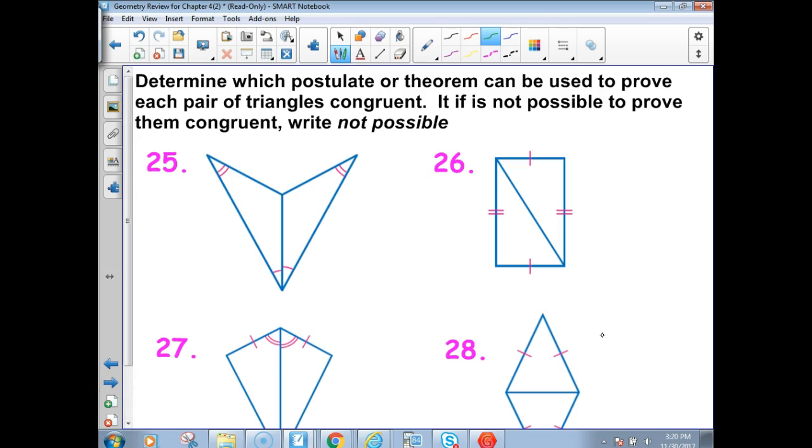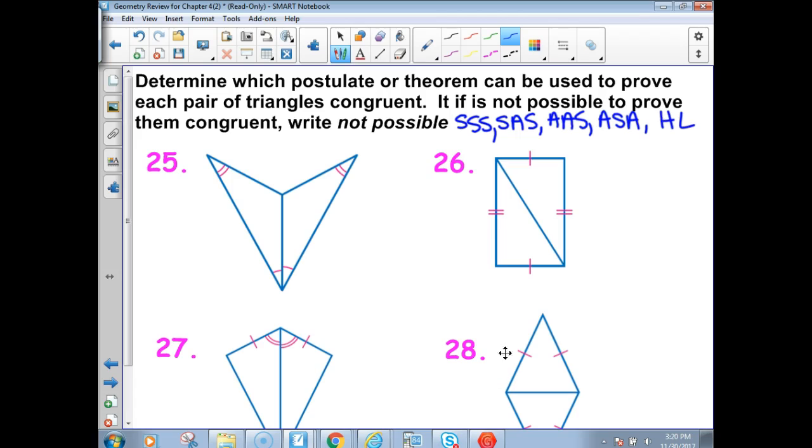Now we're going to have some questions where we've got to figure out what it is. So let's write down the postulates that we've used. Side, side, side. Side, angle, side. Somebody give me another one. Angle, angle, side. Angle, side, angle. There's been one more: HL, hypotenuse leg, that was yesterday.